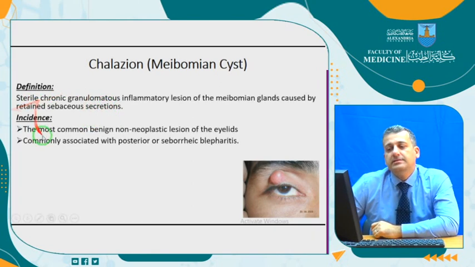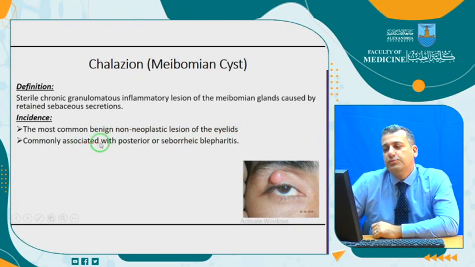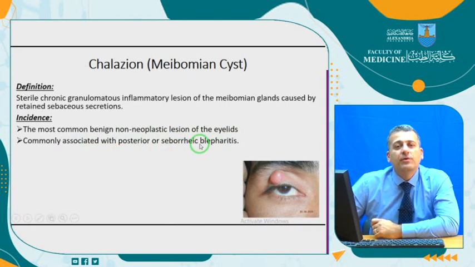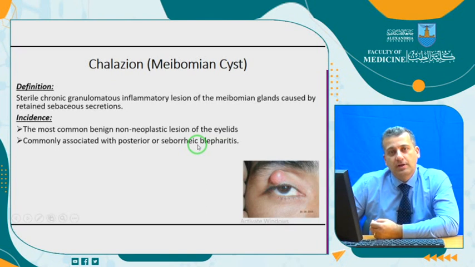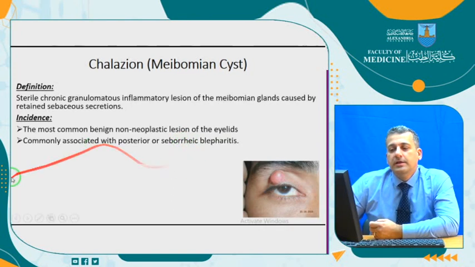The incidence, it is the most common benign, it's not a tumor, non-neoplastic lesion of the eyelid, commonly associated with posterior or seborrheic blepharitis. Seborrheic blepharitis means people with oily skin nature, like people having dandruff in the hair, people having oily skin of the face. This is the seborrhea.